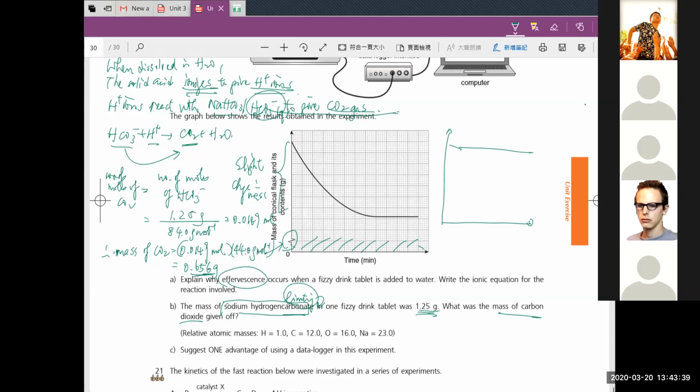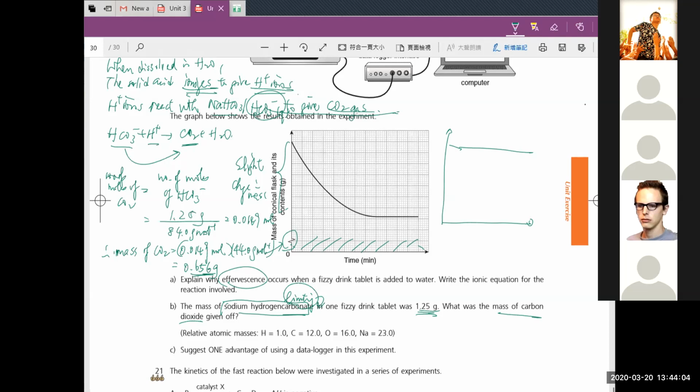you know that besides using a data logger to monitor the change in mass over time, I can also use a gas syringe to measure the volume of CO2 over time, right?